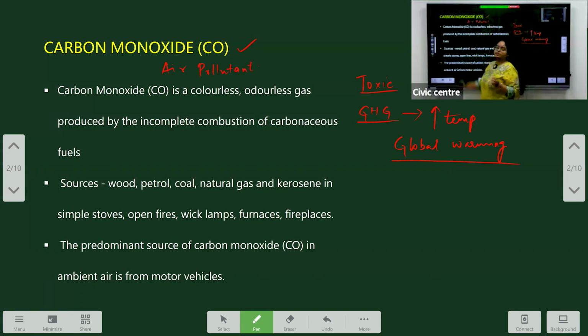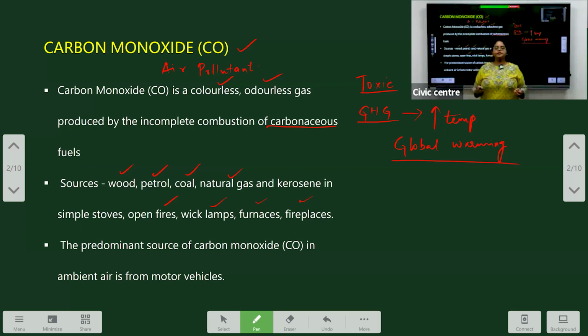This carbon monoxide gas is an odorless and colorless gas, and this is produced due to incomplete burning of fossil fuels or carbonaceous fuels. Now, carbonaceous fuels are those fuels which have carbon compounds in them, and this is produced during the combustion of wood, petrol, coal, natural gas, kerosene in domestic and simple stoves, and open fires, wick lamps, furnaces, and fireplaces.